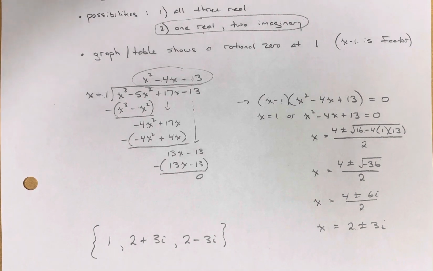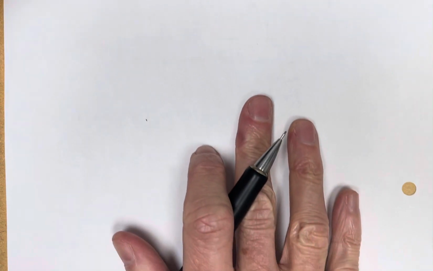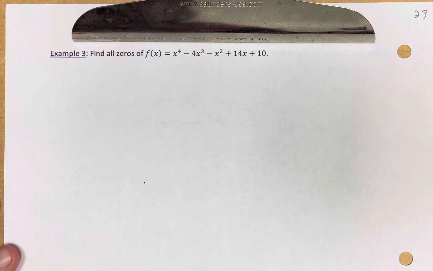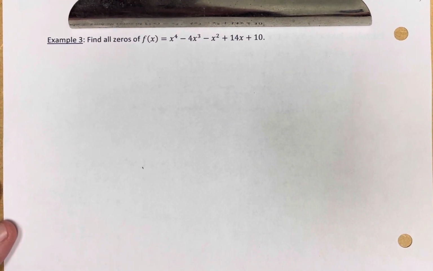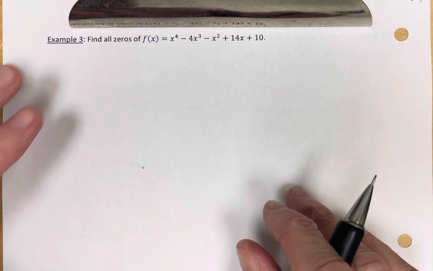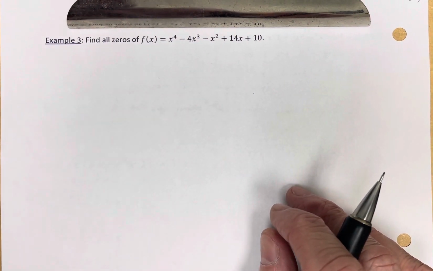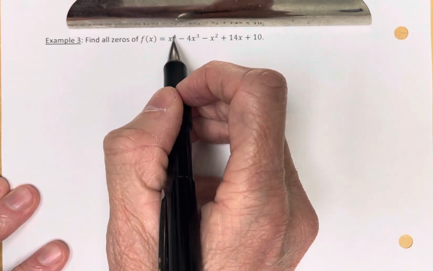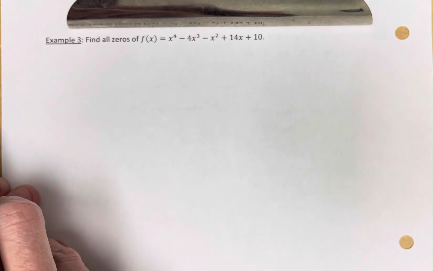Okay, let's do another example. Again, it helps to see. Let's do a 4th degree example. Pardon me for getting all my ducks in a row here. I had to do all these problems out ahead of time so that I wouldn't make too many mistakes. Find all zeros of this 4th degree polynomial function.